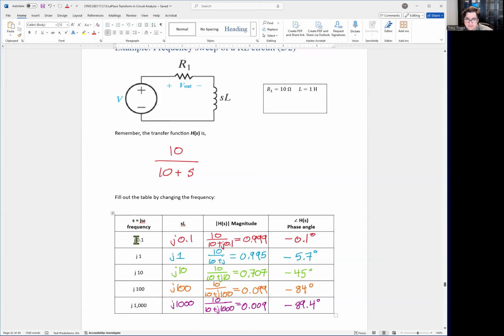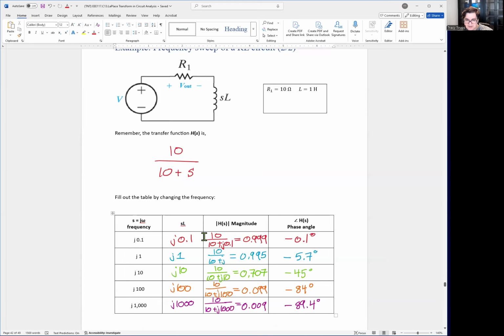Let's start at J equals 0.1. So my SL here is now J 0.1. I'm going to plug it in. I'm going to have 10 divided by 10 plus J 0.1 right here. Let's take the magnitude first. So here you're going to have 10 divided by 10 plus a very small number.